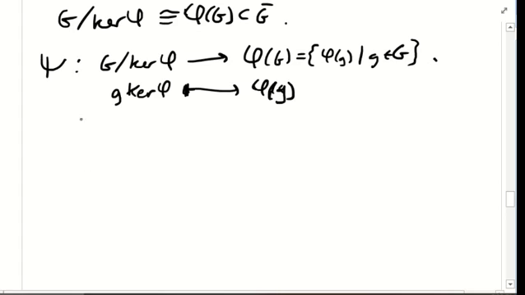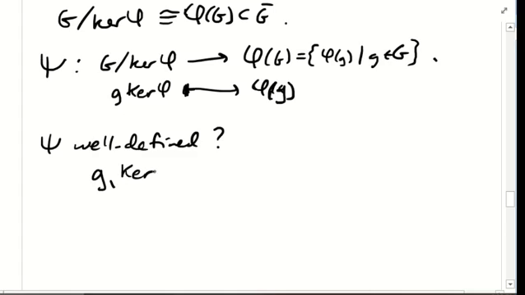So what do we want to show first? So let's do well defined first. So that means let's take g1 kernel of phi and g2 kernel of phi. Say those are the same coset. We want to show that those map to the same thing.